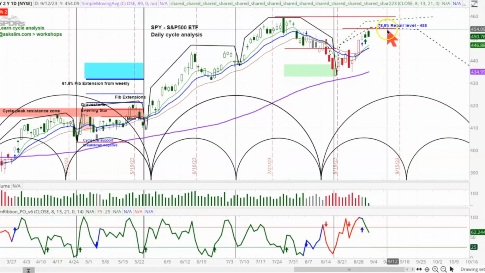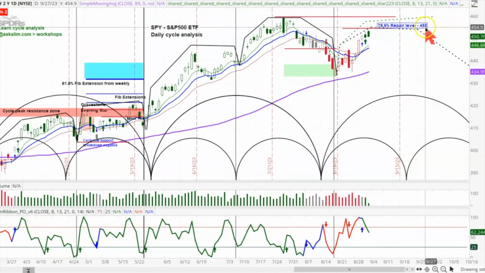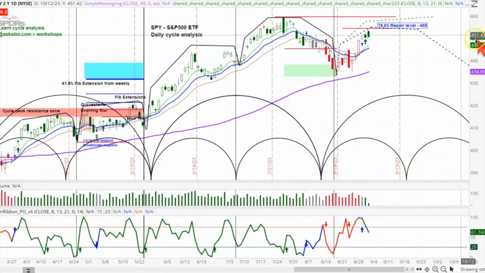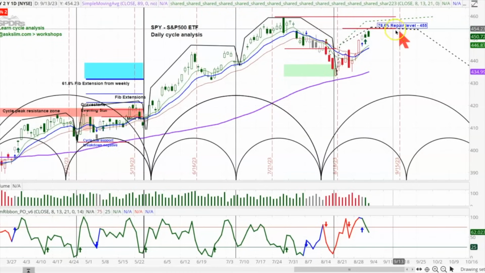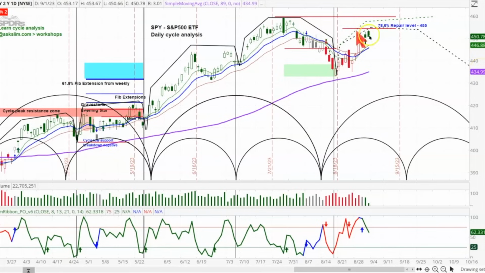Now, this is the key level right over there, around 455 on the SPY, 4550 on the S&P 500. That represents the 78.6%. Normally, when a market is weak, as you see right over here, and then gets up and can close above the 78.6 level, what that tells us is that the negative longer-term energies that are pushing the market down, the outflows of money, have dissipated.